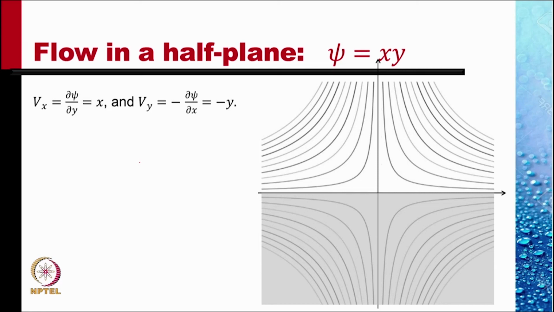This is a particular kind of flow which we will consider later, called the irrotational or the potential flows.